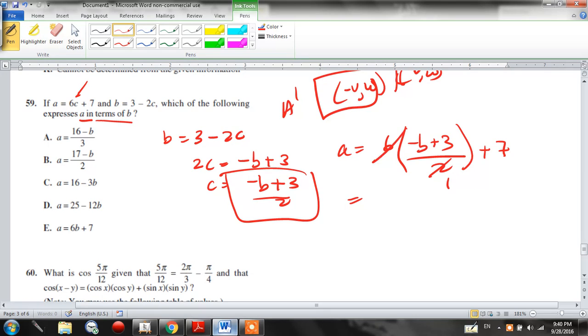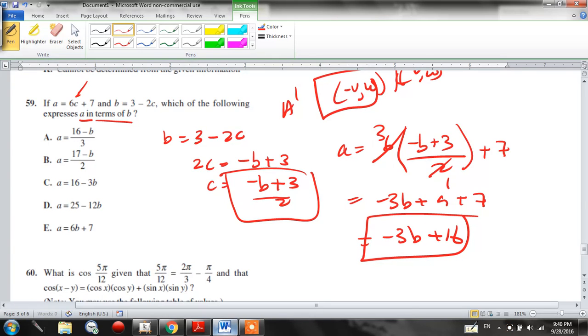Simplify. That's 3. This is gone. So that's minus 3B plus 9 plus 7. Distribute. That's minus 3B plus 16. A is minus 3B plus 16, or 16 minus 3B.